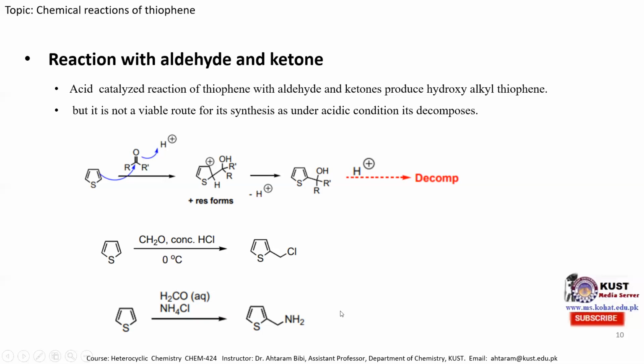So when the thiophene is reacted with aldehyde or ketone under acidic condition, it produces the hydroxyalkyl thiophene, but under acidic condition it is generally decomposed. But these products are stable enough, though for these products, different conditions are used. When formaldehyde is used, concentrated hydrochloric acid is used at 0 degree centigrade, and when ammonium chloride is used, then the methyl amine thiophene molecule is formed.